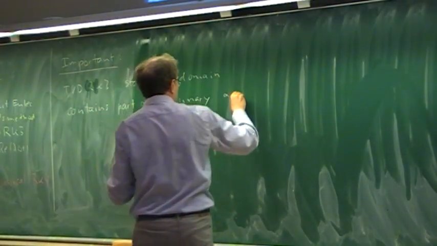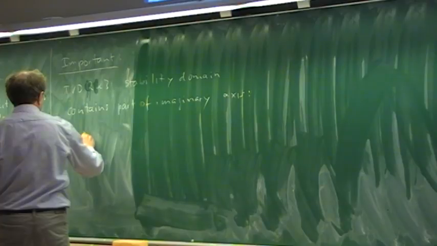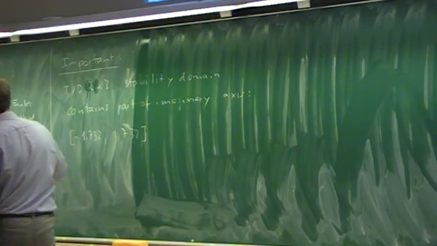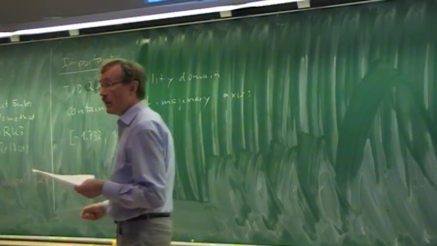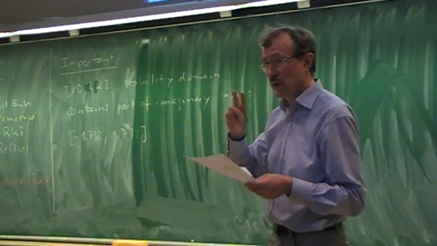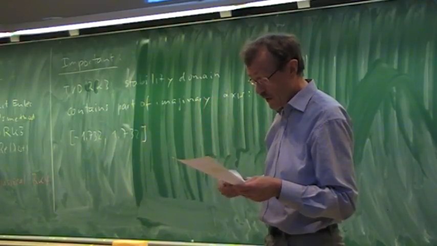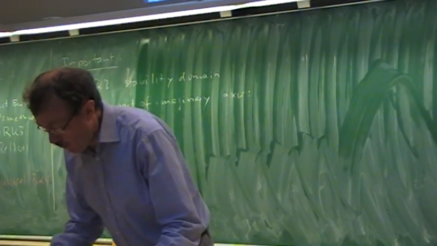In our case, that is the interval minus 1.732 to 1.732. So it is this interval here, from the green curve. That is inside the stability domain. Therefore we can get stability, as I said, for a central discretization without viscosity. So for the inviscid linear advection equation, we can get stability with a central discretization. Okay, but we stop here and finish up after the break.